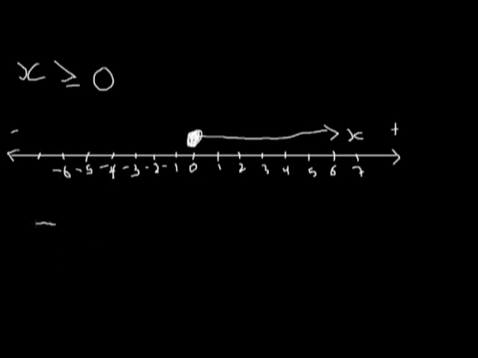So in terms of interval notation, we will have a square bracket and then 0, and then it is all the positive numbers, towards the positive infinity. It will never stop. It will continue towards all the positive numbers. So we will use this sign to represent all the positive.